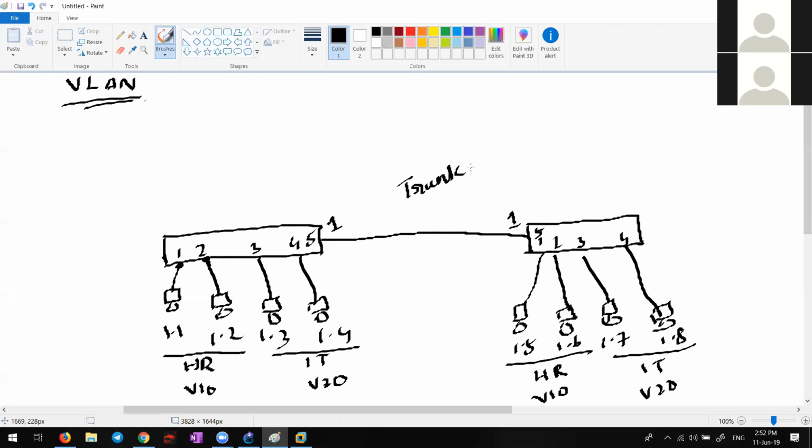Access port can be part of how many VLANs, guys? At a time, access port can be part of how many VLANs? Again, I am repeating the question.